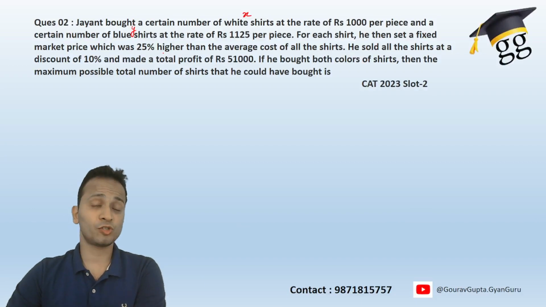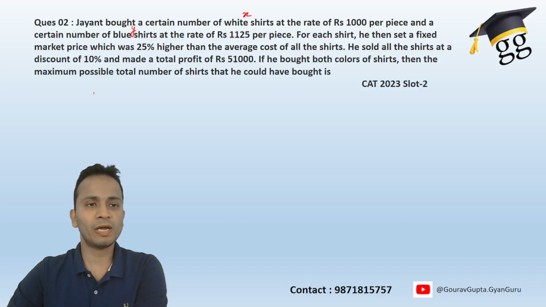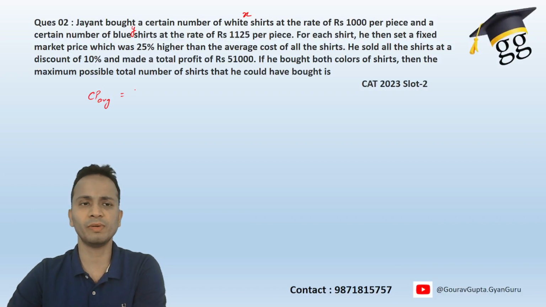So for each shirt, so for white as well as blue shirt, he set a fixed market price which was 25% higher than the average cost price of all the shirts. So I'm assuming the average cost price. So average cost price of these shirts, you can assume anything. Okay, right? So I'll assume it as A.